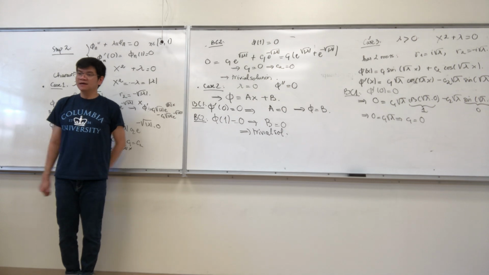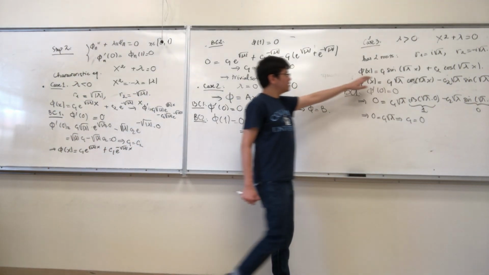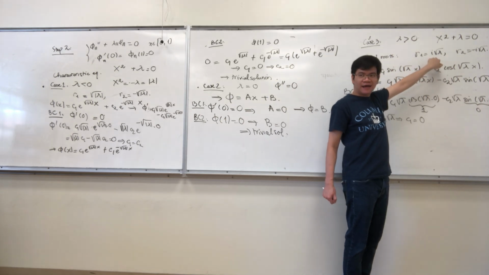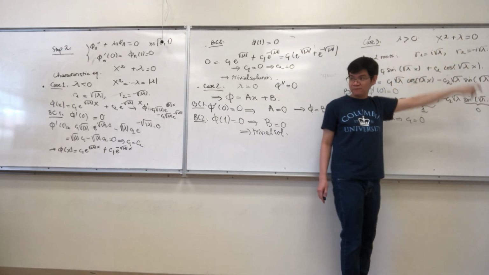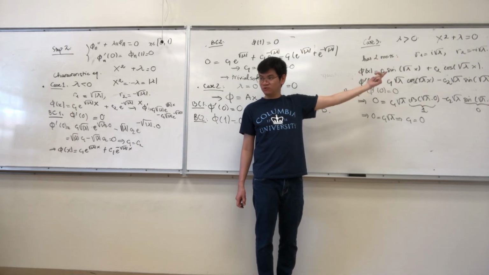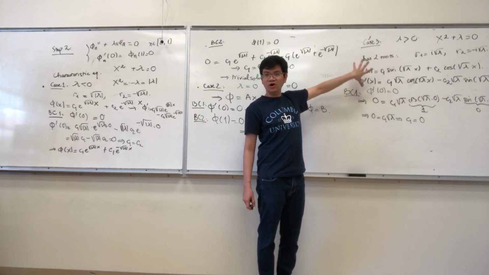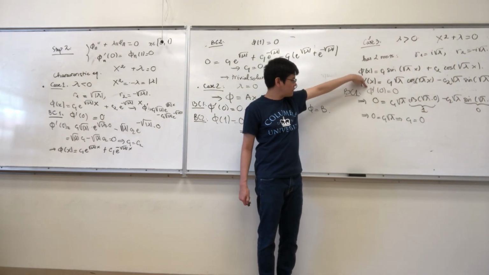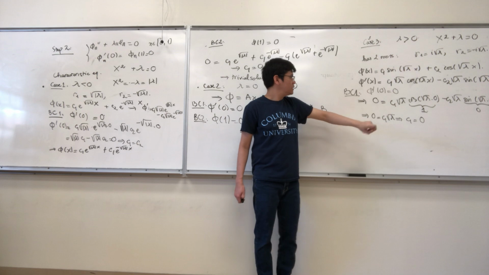So I explain again. Here you have two roots, i square root of lambda and minus i square root of lambda. So you have two solutions, cosinus square root of lambda and sinus square root of lambda. Now you take the linear combination of them. You replace the first boundary condition, phi prime at 0 is 0.